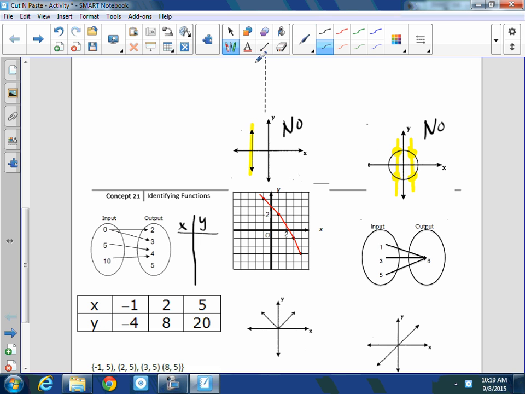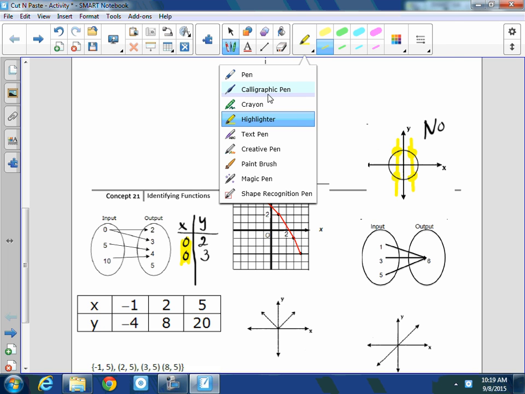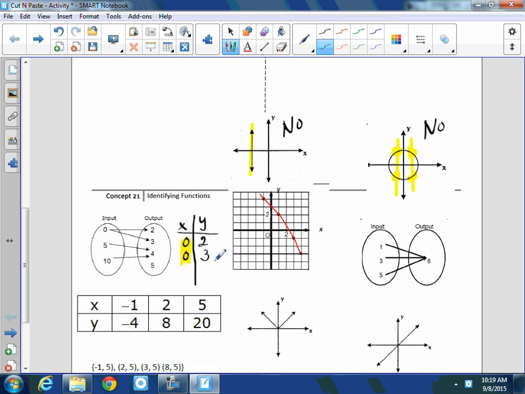So what I like to do is just go ahead and write an X and Y table. 0 with 2 and 0 with 3. And I can stop because x's cannot repeat. Two range elements pair up with the same domain element. And remember, x's cannot repeat. So this would be another no.